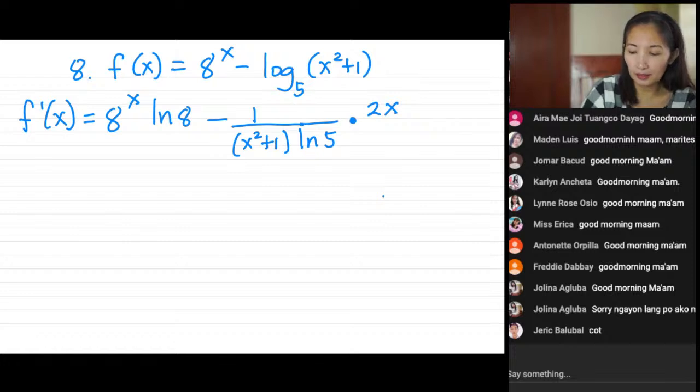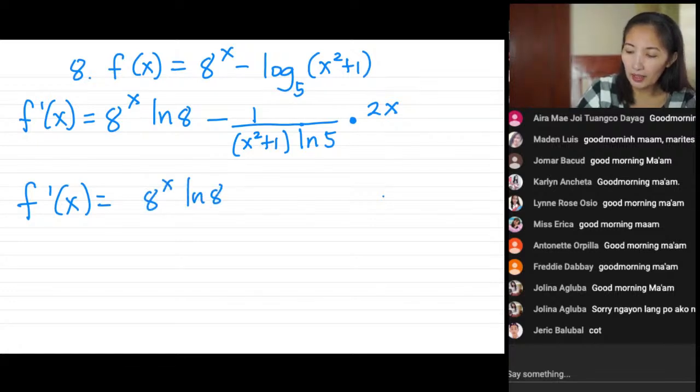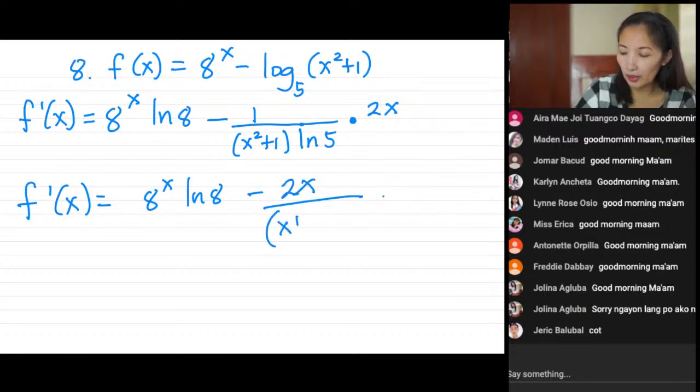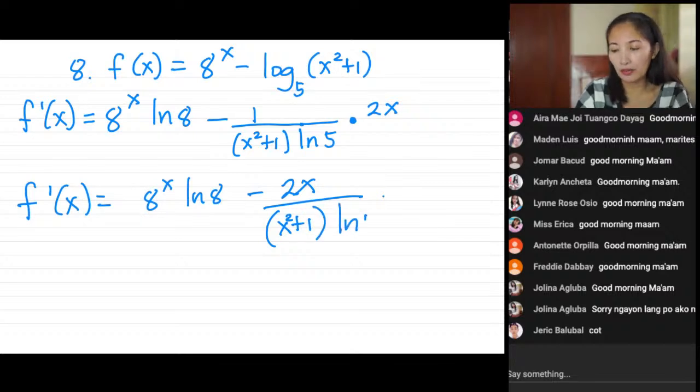And that's it. So f prime of x is 8 raised to x natural logarithm of 8, minus 2x all over the quantity x squared plus 1 times the natural logarithm of 5. You may end up here.